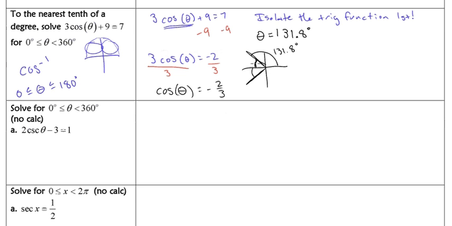So we'll find this reference angle and then add that to 180, and then we'll know what this new angle is. So let's go through that. 180 degrees minus 131.8. And what's that going to give us? 48.2.